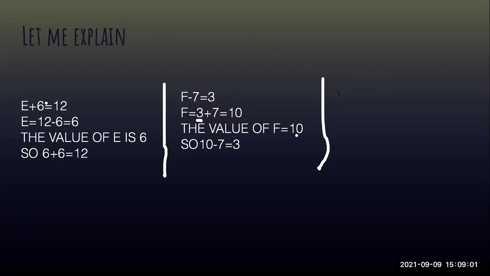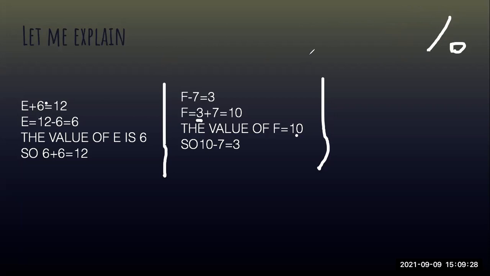Fine. Let's do the multiplication sum now. So, let's write the multiplication sum. But before that, I'll write a note over here. This sign means division. Remember, this sign means division.